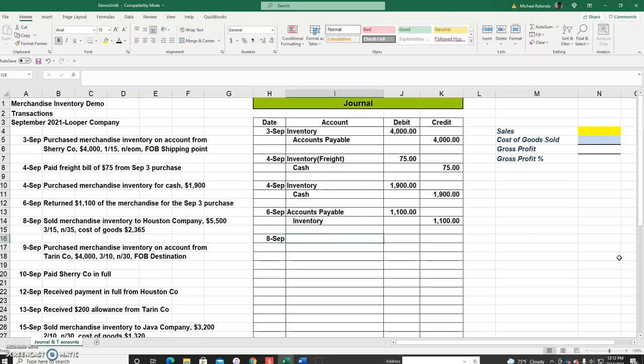Okay. So sold merchandise inventory to Houston Company. So if there are terms, we know it's on account, because if it was for cash, they would have just given us the money and we'd be done with it. So we know it's going to be accounts receivable. And I would suggest that in order to avoid confusion, we put the company name with either a backslash or a dash or something, so we don't get confused.